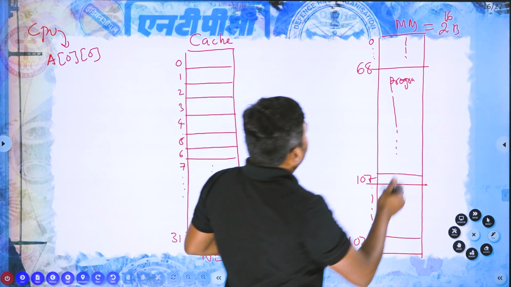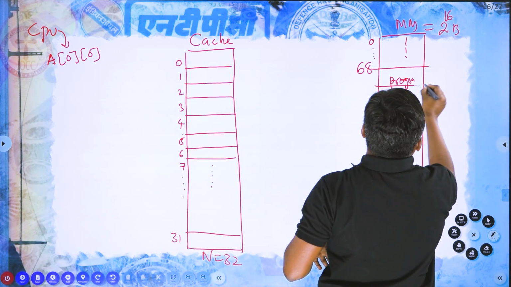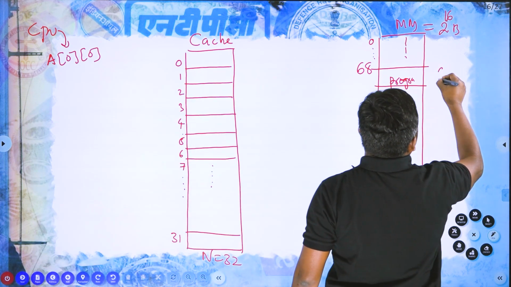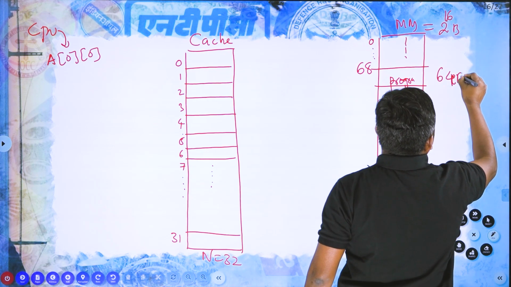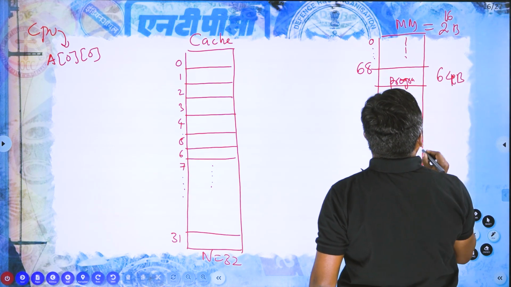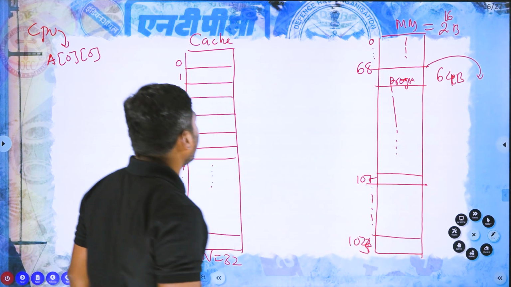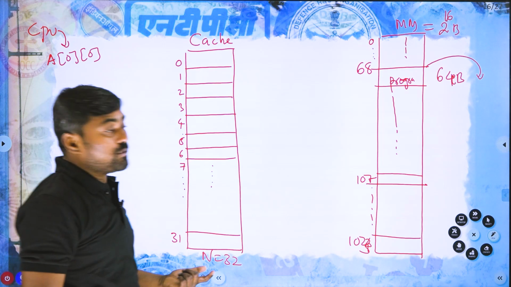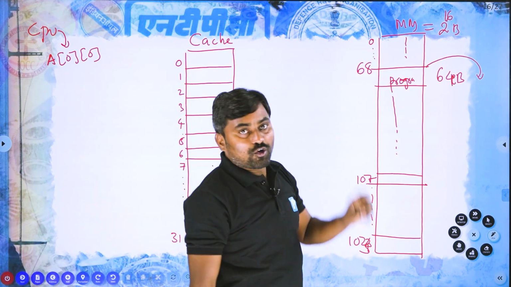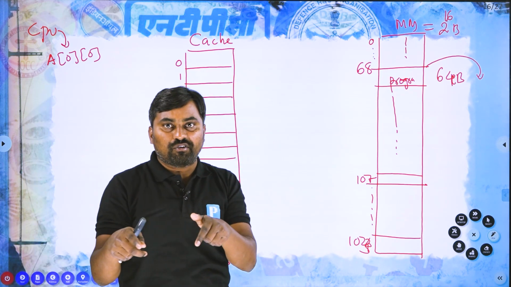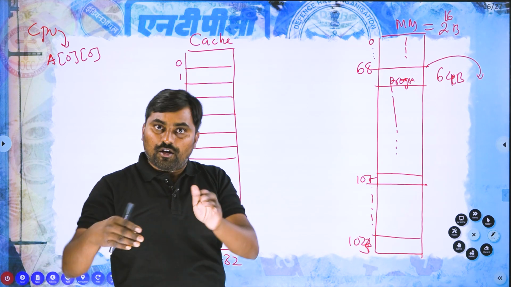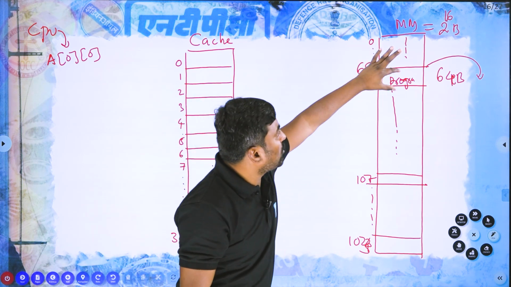Now, if one block contains 64 bytes, it means 64 elements will be there. Are you getting my point? 64 elements. One block will occupy more than a row, because one row contains 50 elements, 0 to 49. So it will occupy more than one row in one block.